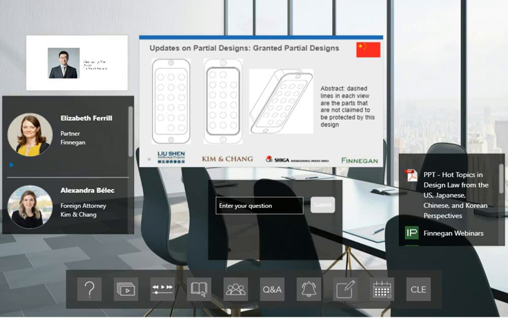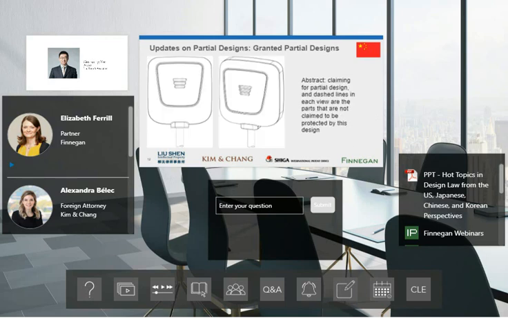We believe this dashed lines part is not a big part in this product. And so we can see another example. Also here we can see dashed holes. And there's an abstract.